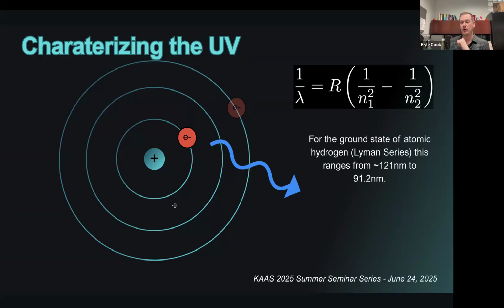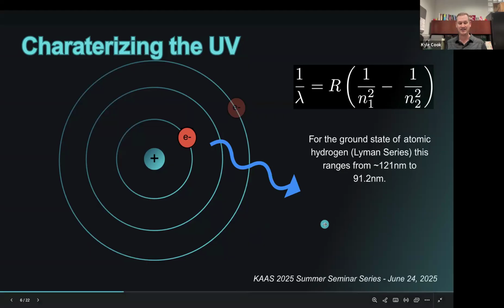If you recall the definitions that I gave of different UV bands, different UV ranges last week, I noted this weird why one was at 91.2 nanometers, and this range is what we had defined as the Lyman UV.